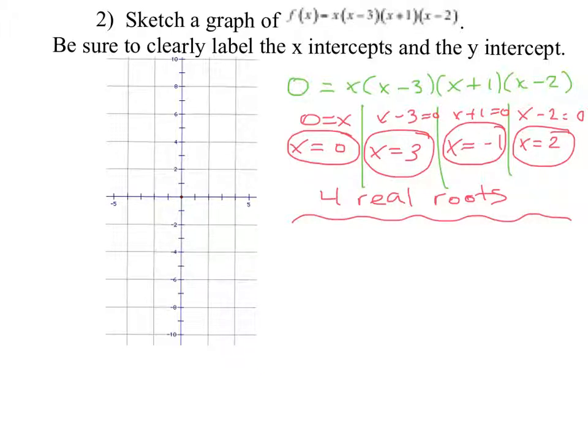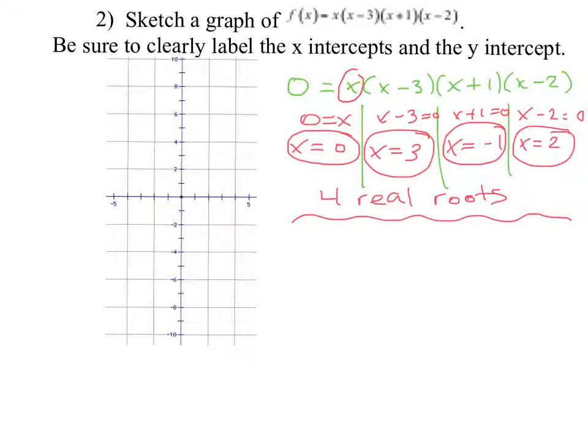Okay, let's look at the second one. Sketch a graph of f of x equals x times x minus 3 times x plus 1 times x minus 2. So I already set up y equals 0 and all the factors. Be careful right here for this one. This first x, that is also a factor, so I must set it equal to 0.